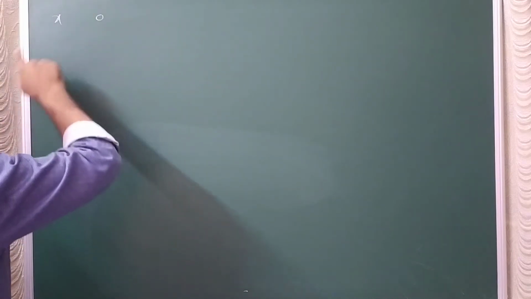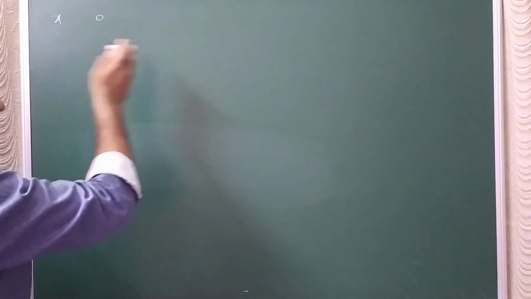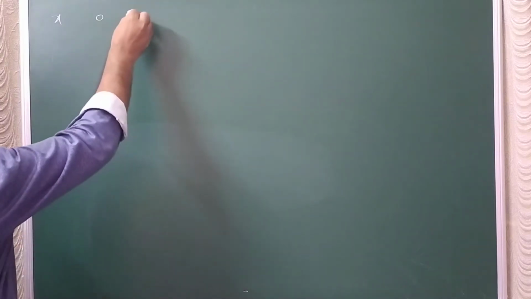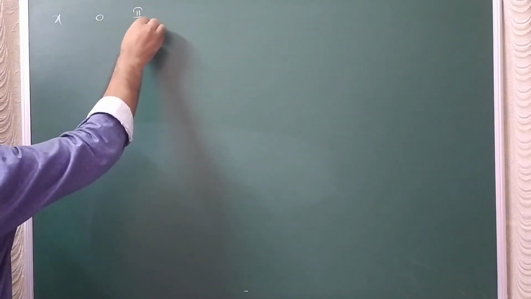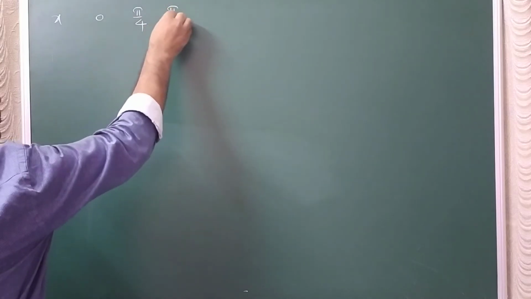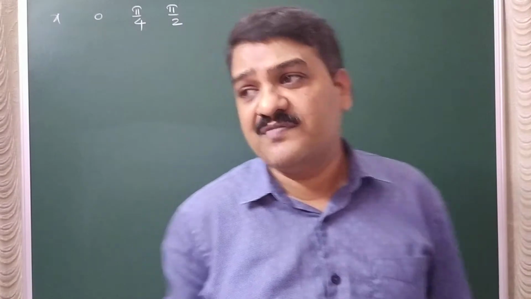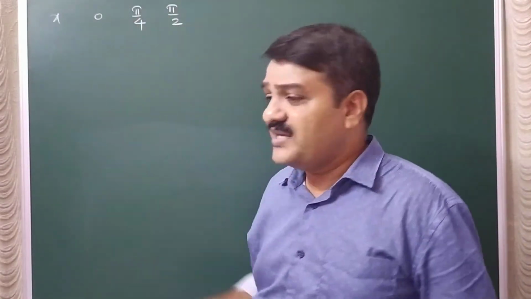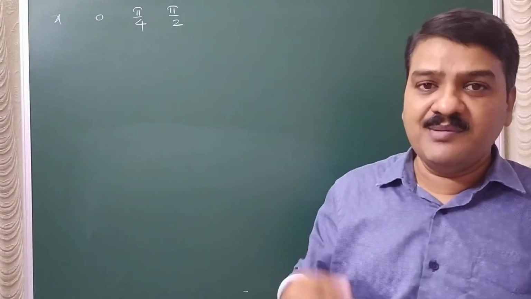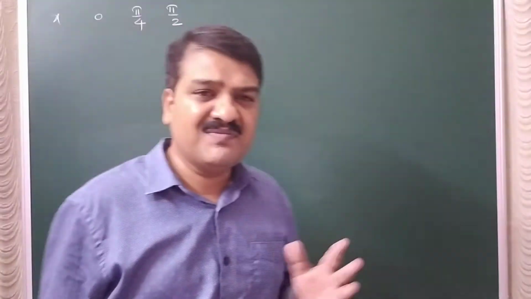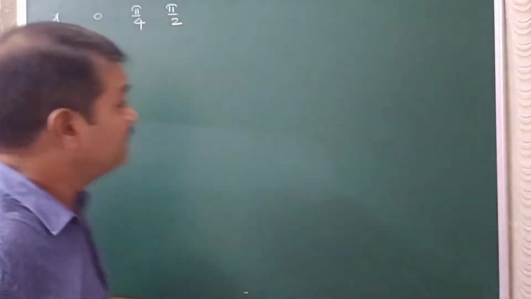I will take x values with a gap of 45 degrees. Because we already discussed in previous videos that when the gap between the angles is smaller, the shape of the graph will be better. When the difference of the angles is very large, the shape of the graph may not be that accurate.